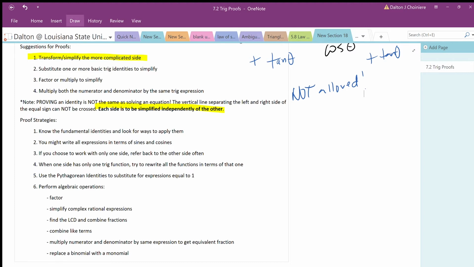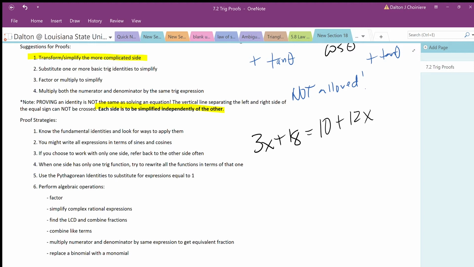So let me ask you this. If I gave you 3x plus 18 is equal to 10 plus 12x, how many of you would subtract 3x from both sides? Okay, how many of you would subtract 10 from both sides?